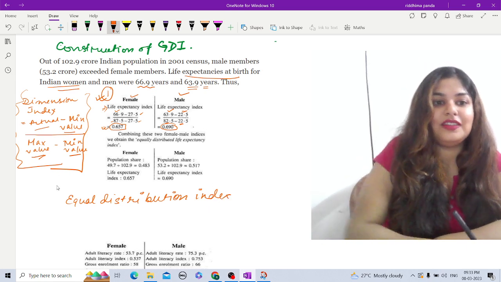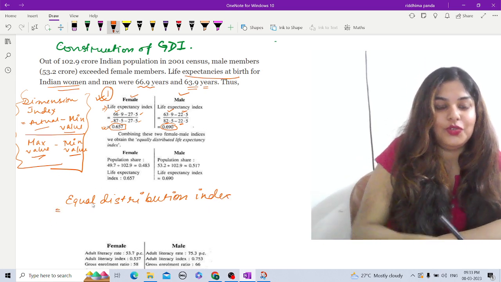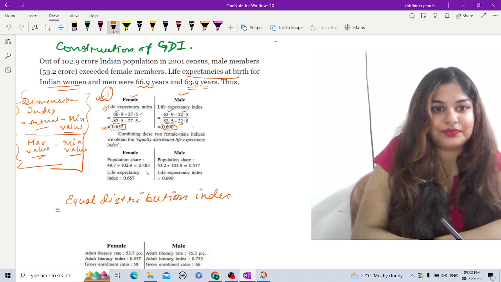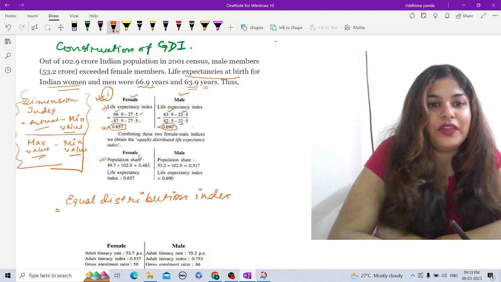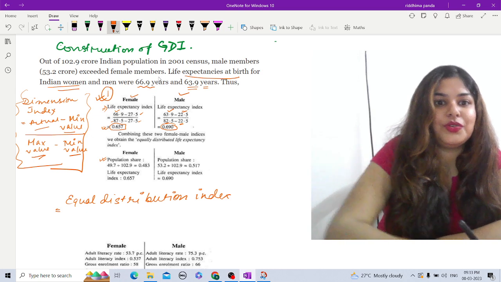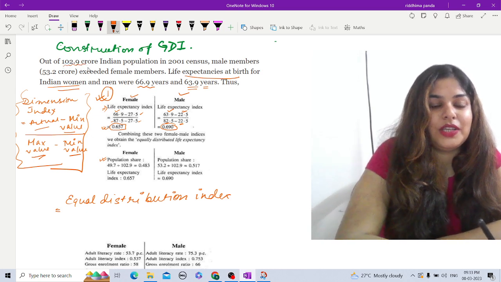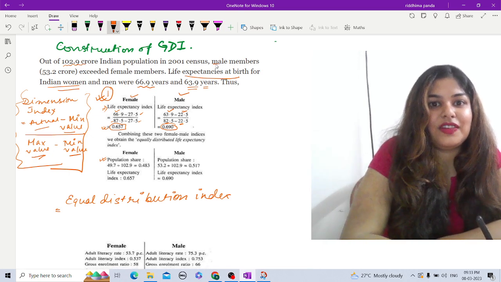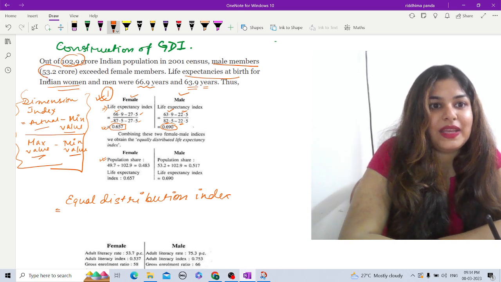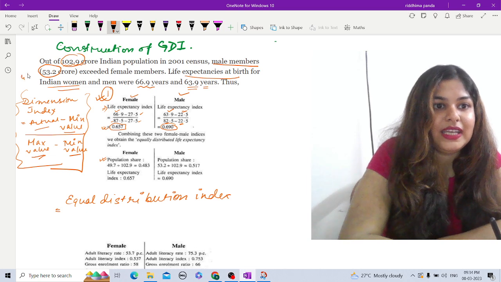For that, the formula is, you should know, here we have written the population share of female. How have we calculated the population share? You know that this is the population, and in the data it is given for the male members, out of this many are males. So obviously if we subtract the remaining, that is 49.7, what will it be? Females.